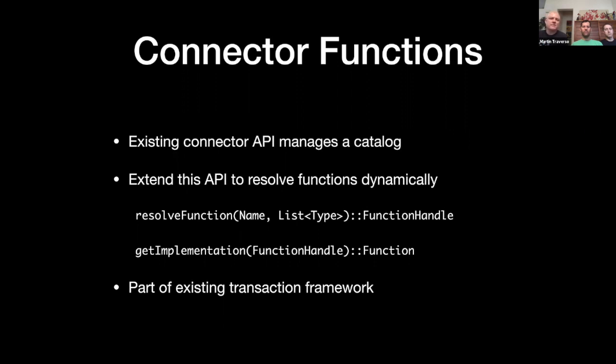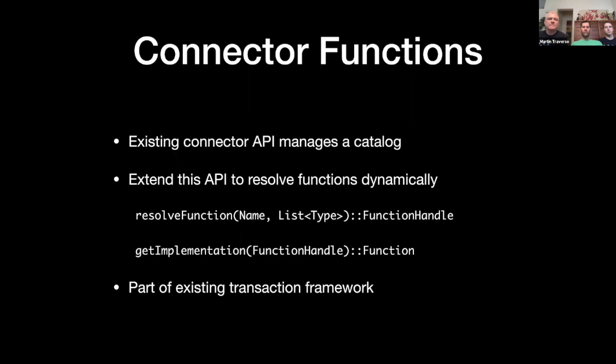So under the covers, when the system runs into a function, it's going to go through the search path and say, hey, do you have a function with this name and these types? And at that point, we'll basically build a handle out of the function if it resolves, so that later on a worker, we can go back and fetch an implementation for that function and stitch it into the execution framework.